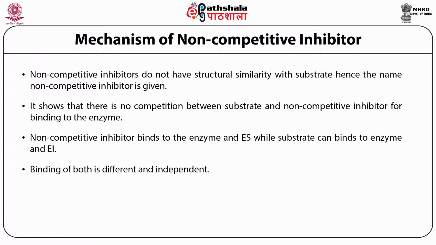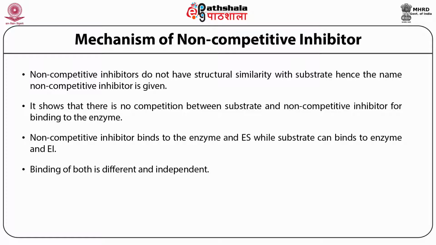The substrate can also bind to the free enzyme as well as to the enzyme-inhibitor complex. Therefore, you can say that the binding of the non-competitive inhibitor and the substrate are different and independent. They do not affect the binding of each other.